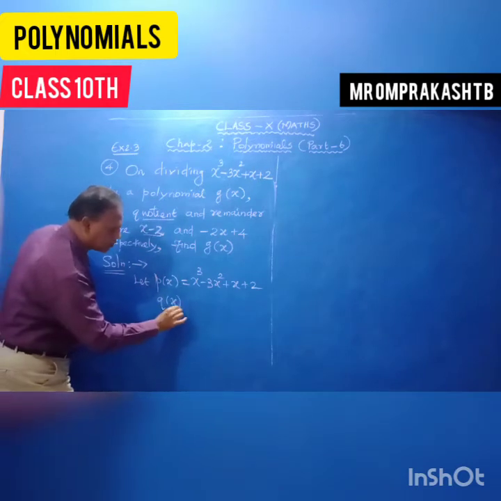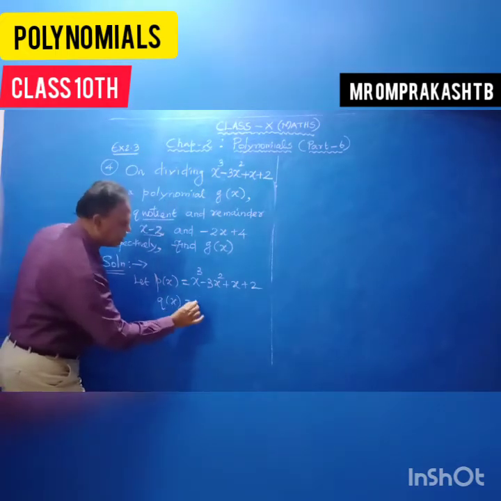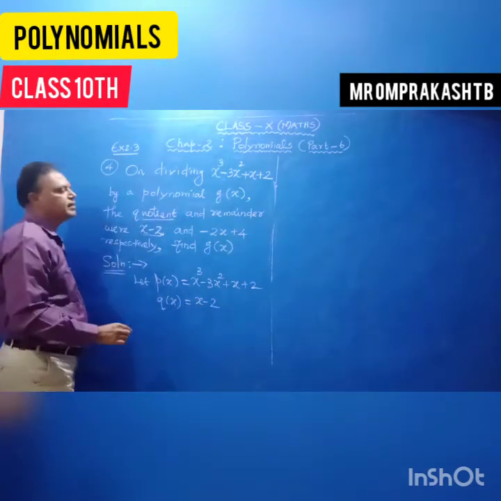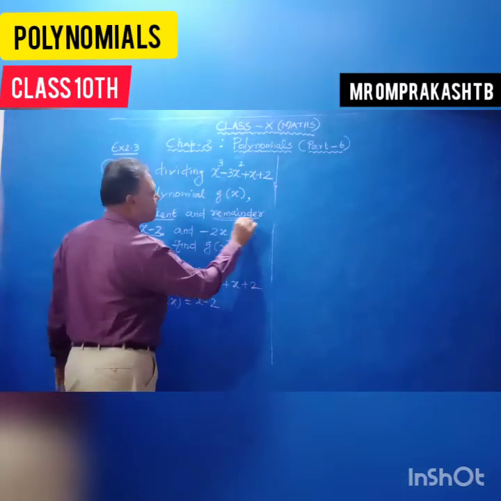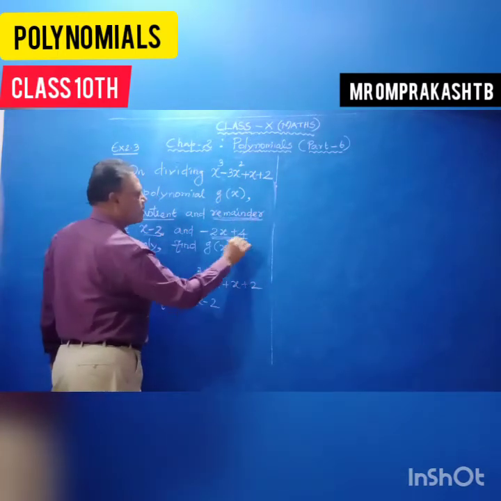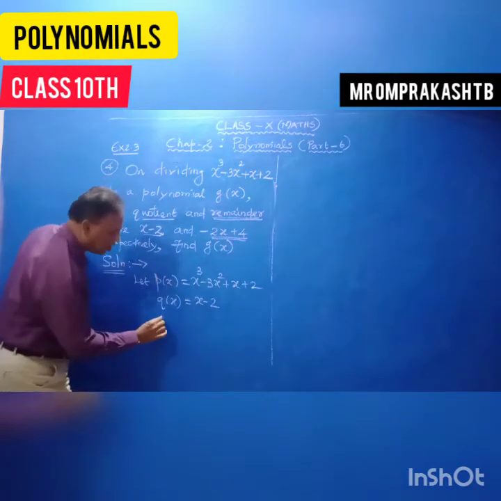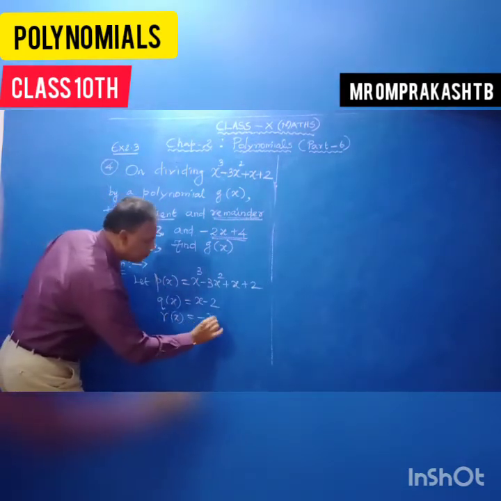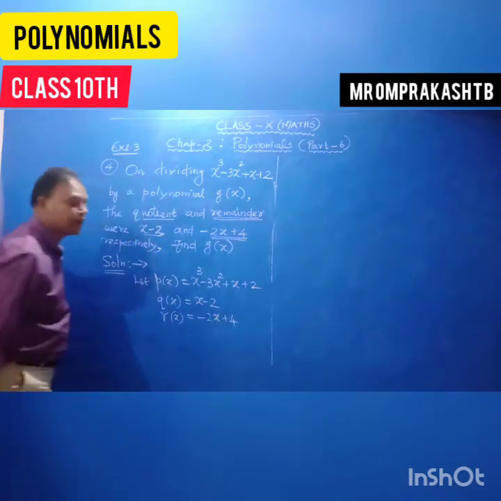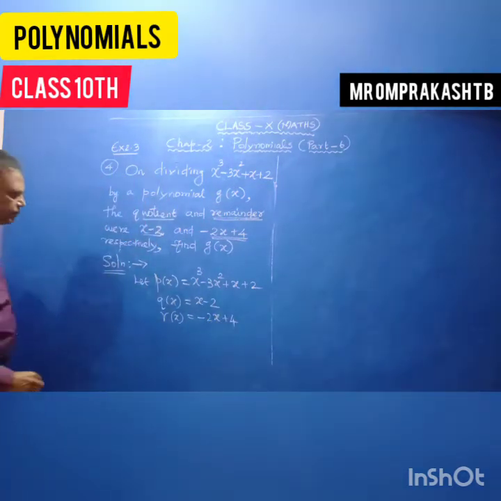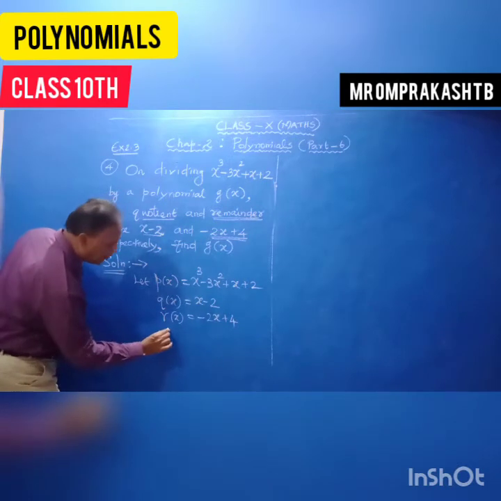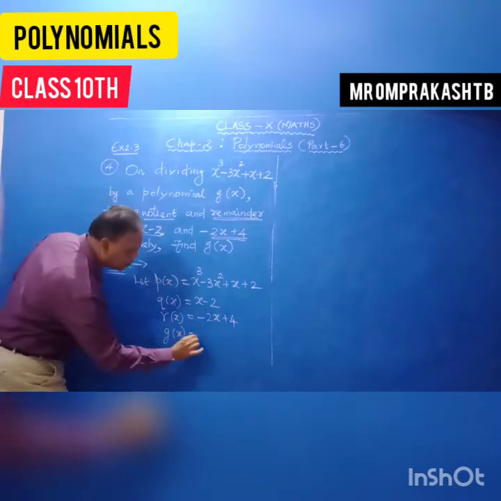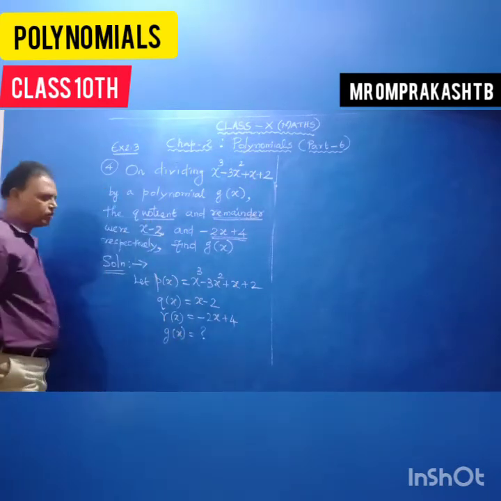Then the remainder is given, minus 2x plus 4. That is r of x. Now what you have to find out? g of x.